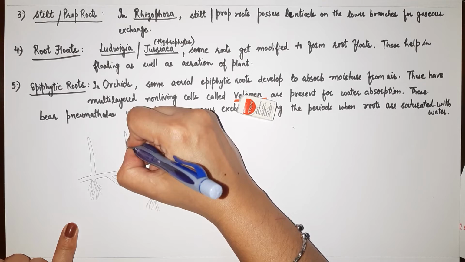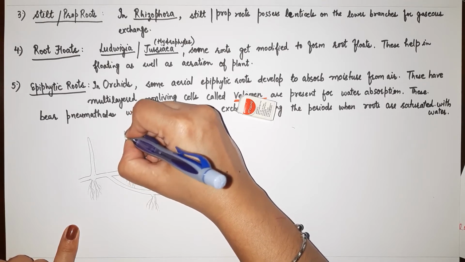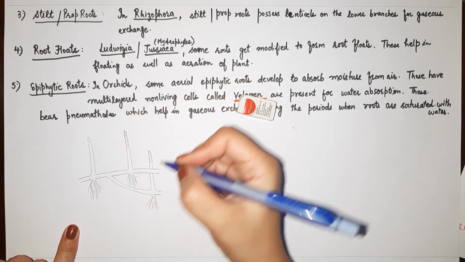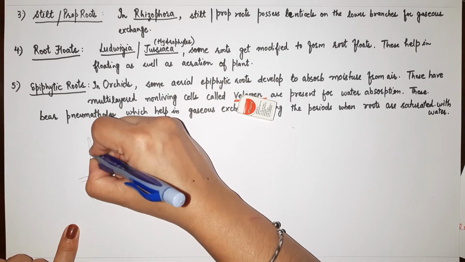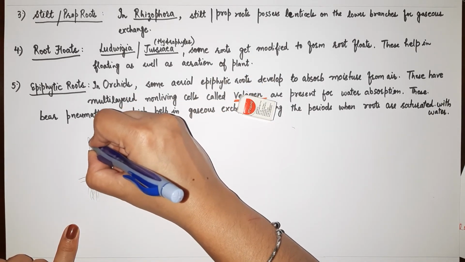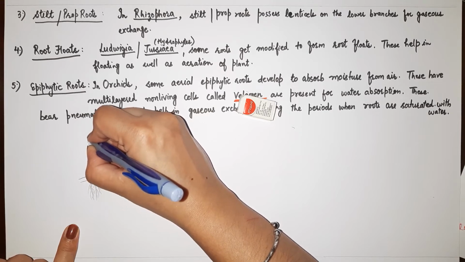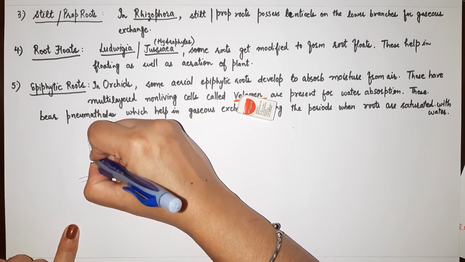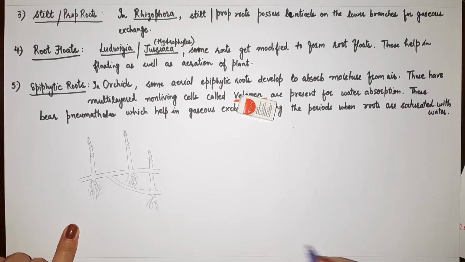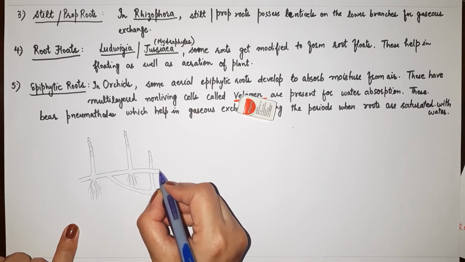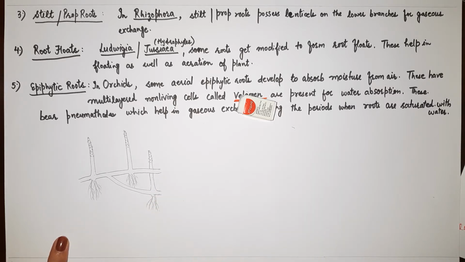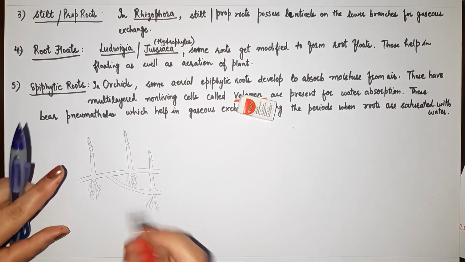So you will show small circles towards tips. These are lenticels, or we call them pneumathodes. So this is the structure of pneumatophores.